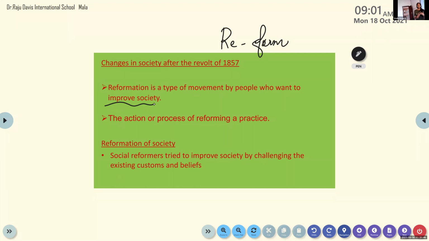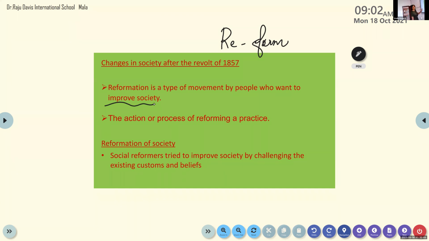Their financial condition was very poor, because the Britishers were extracting huge taxes or revenues from the people. There were many problems like this.